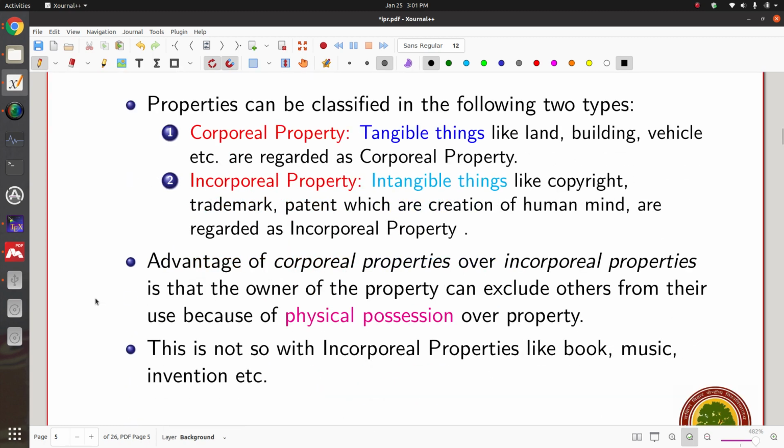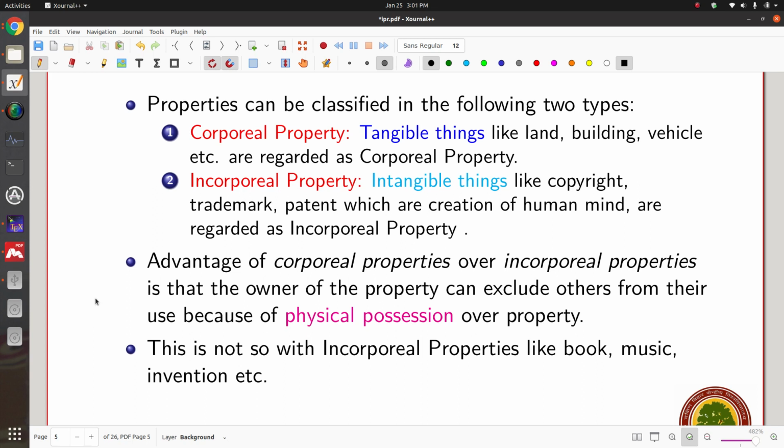Okay, now there is one more important point that you should remember regarding these properties, that the corporeal properties can be protected in a better way in comparison to incorporeal property, because in case of corporeal property like land, building, etc., these properties exist physically, and you can possess them physically and protect them.